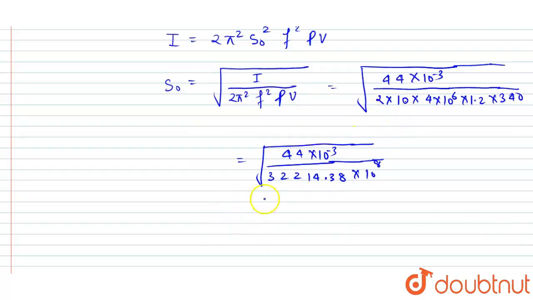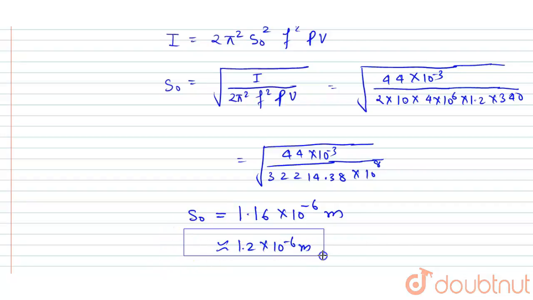This way you will get after multiplying the denominator, and if you further solve it, you will get s naught is equal to 1.16 into 10 to the power minus 6 meter. So displacement amplitude will be this. If you see here, this is nearly equal to 1.2 into 10 to the power minus 6 meter. So this will be our answer for the third part.